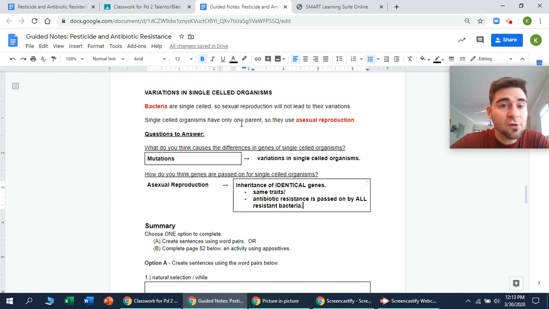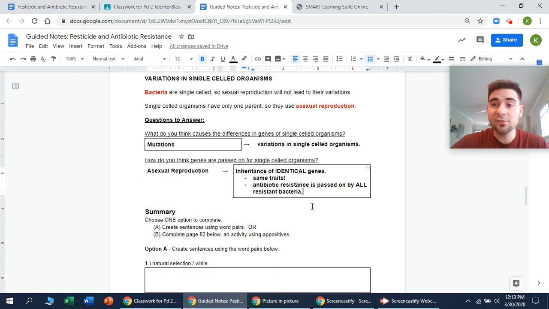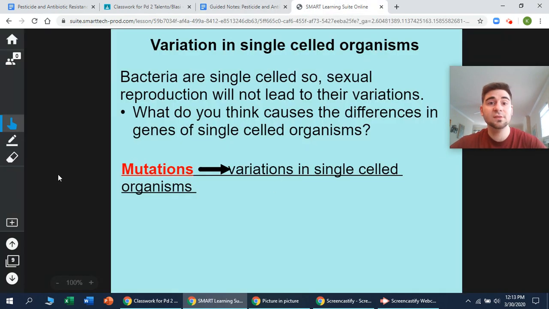There's no sex reproduction that will mess around with things, meaning it won't rearrange all of their genes like it would with humans. For bacteria, they're passing on all of their genes. So if they're born with resistance, they're going to continue to have that resistance. Okay, so what you should see is that is a huge problem with antibiotic resistance because more and more of them are going to be born with that trait.